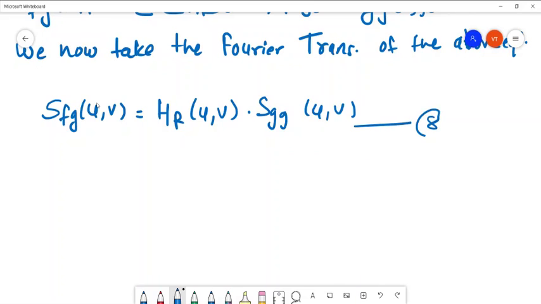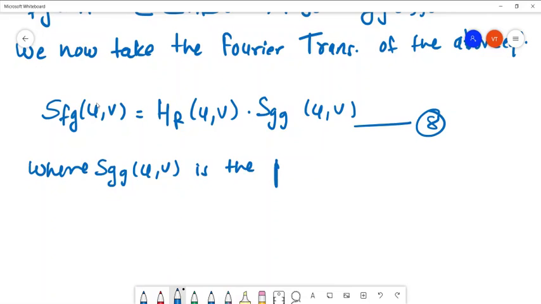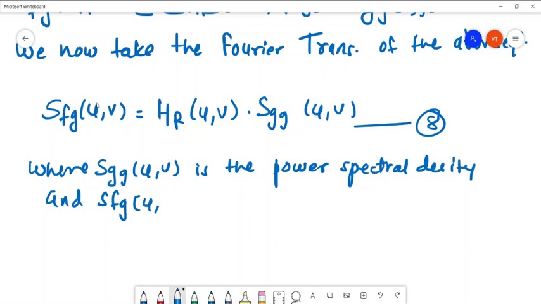Okay, this is equation number 8, where S_gg(u, v) is the power spectral density, and S_fg(u, v) is the cross spectral density.